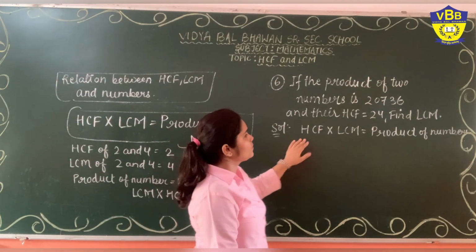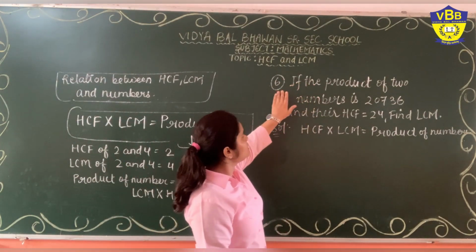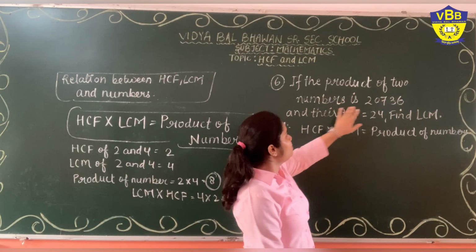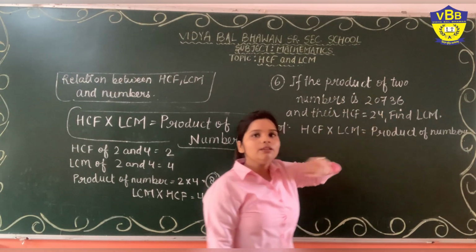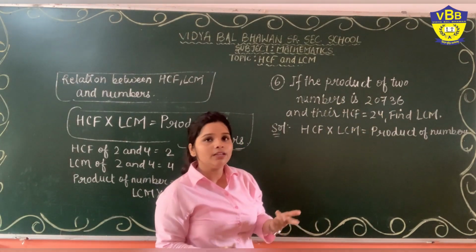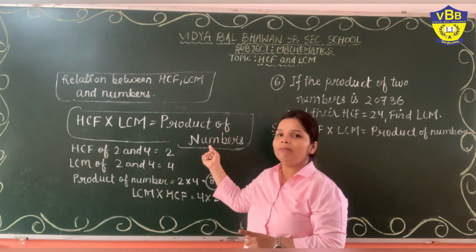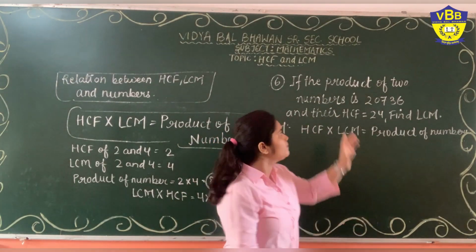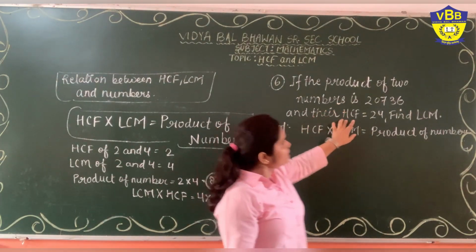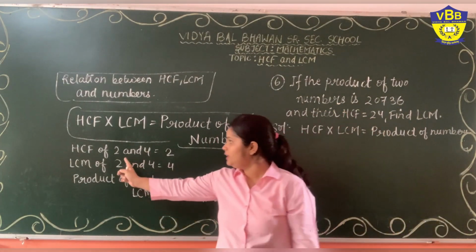Suppose there is a question: if the product of two numbers is this. In the question, what is given? The product of two numbers is already given. And their HCF is given, that is 24.